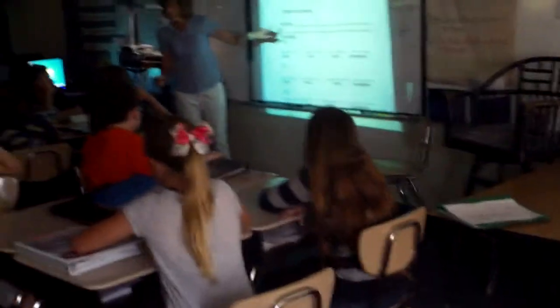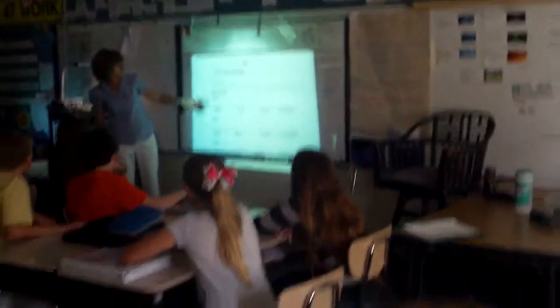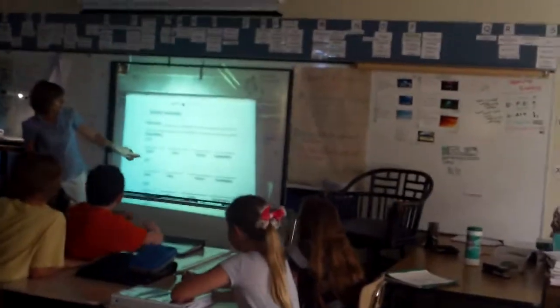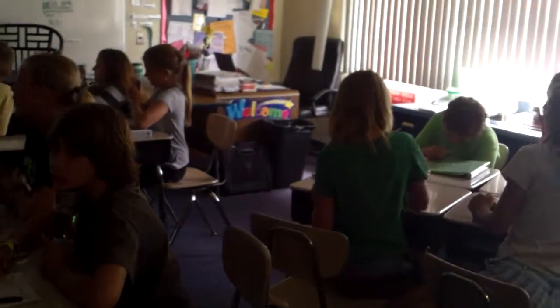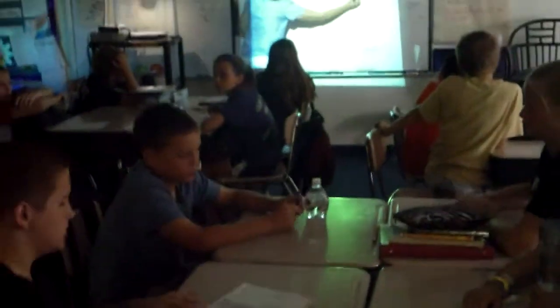So, I didn't hand out your packets, but I have packets for you to follow along. So a decimal is a number with digits to the right of the decimal, right?